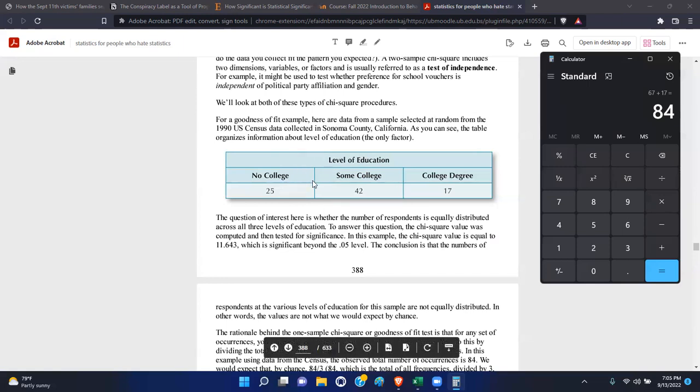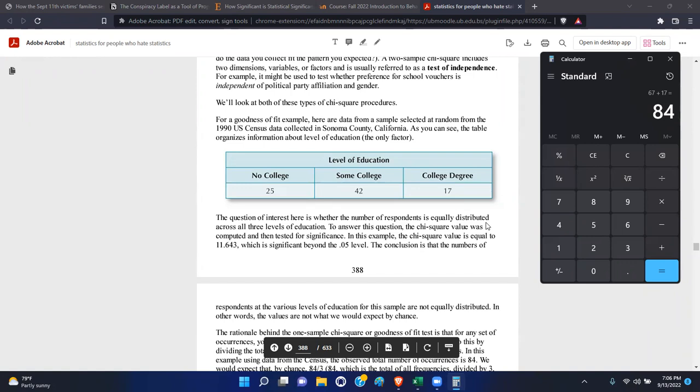So really what we're doing is we're just focusing on what it is that we've observed. And one of the things that we've observed is that there are 25 people with no college, 42 people with some college, and 17 people with a college degree. Okay, so what?